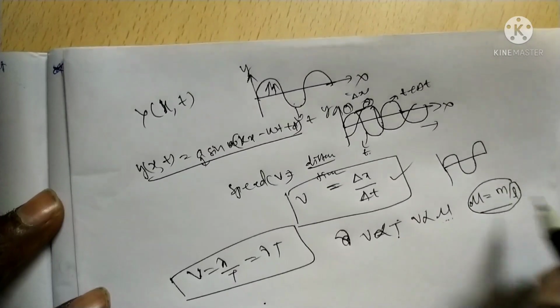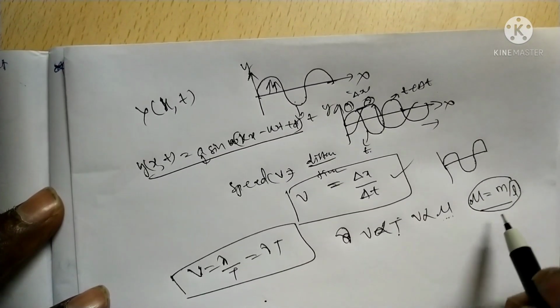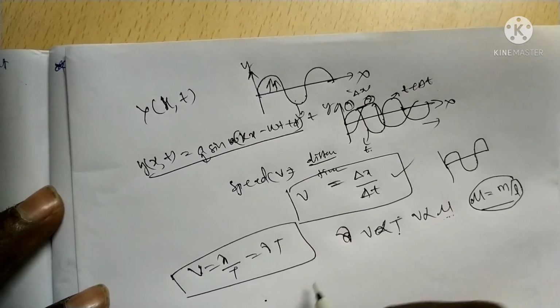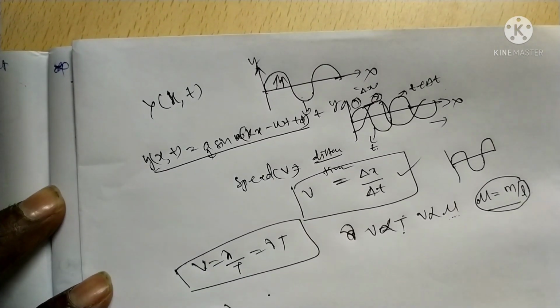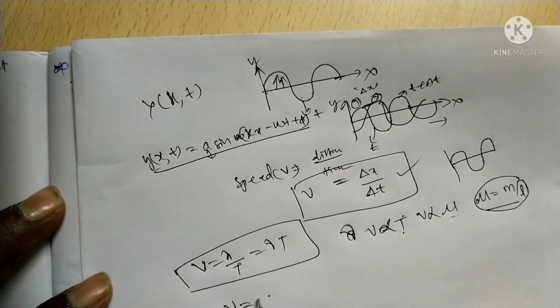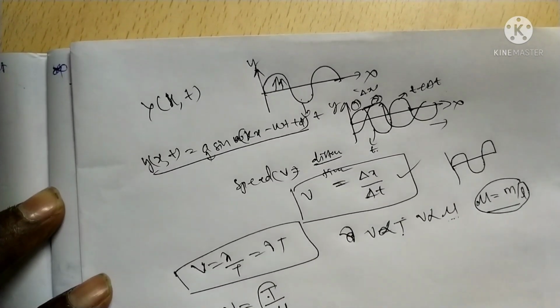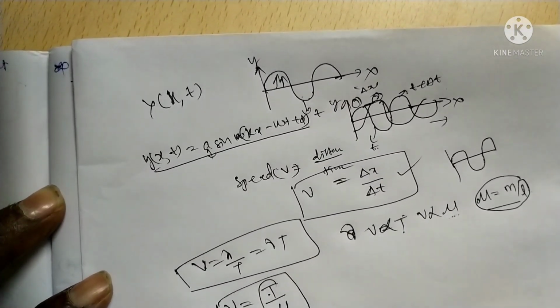Different metals have different masses, like brass, copper, bronze, aluminium, etc. Now we can find the speed of a transverse wave, that is, square root of T by mu.